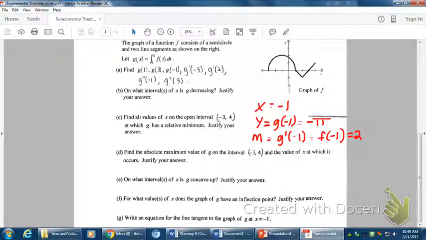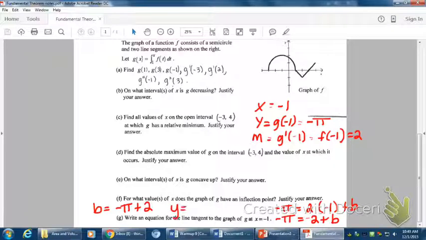So if you do y equals mx plus b, add your 2 over, so your b is going to be -pi plus 2, which means your equation is y equals the slope x and then plus the b. And you can find that decimal or you can just leave it. Most of the time these particular questions are without a calculator.